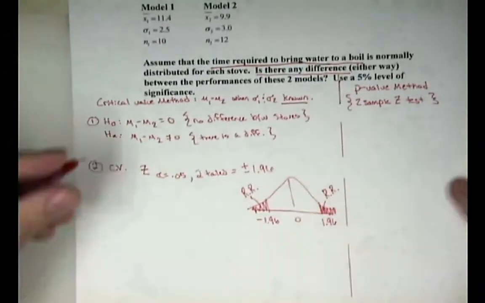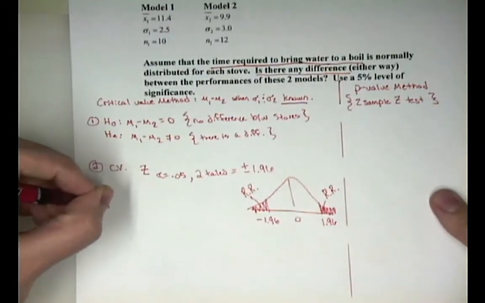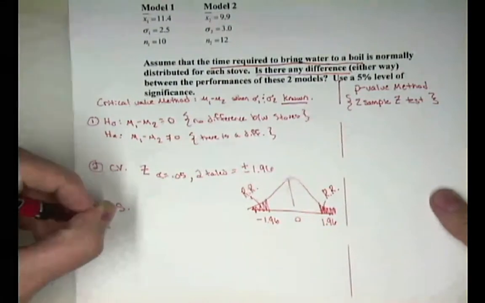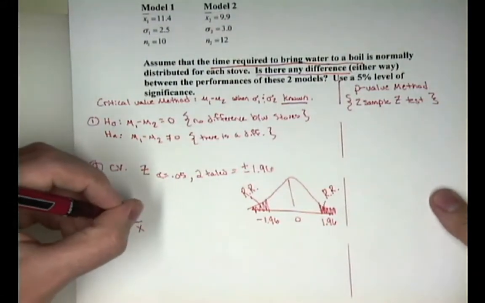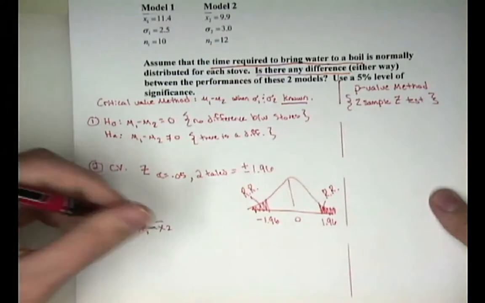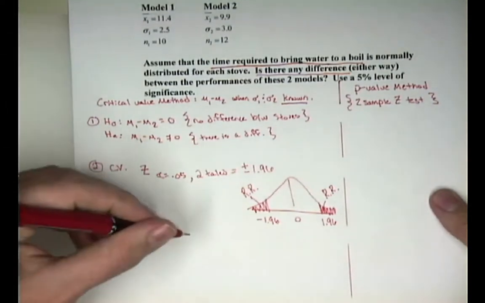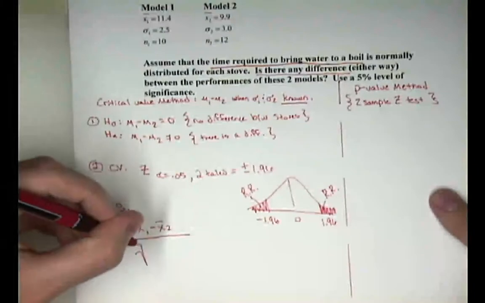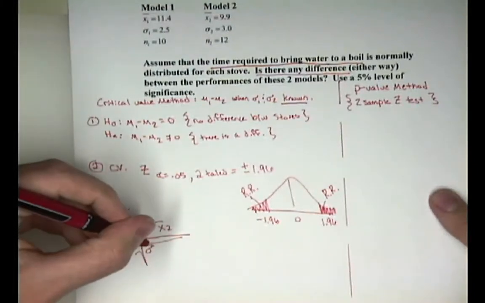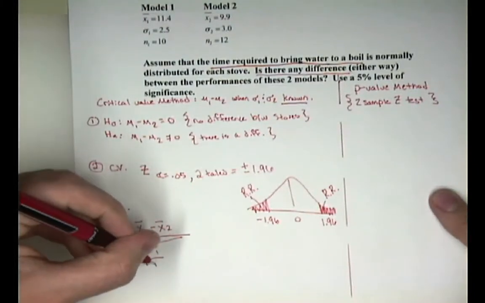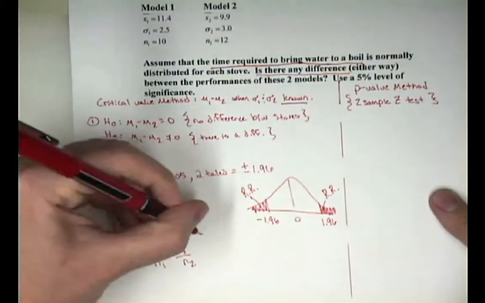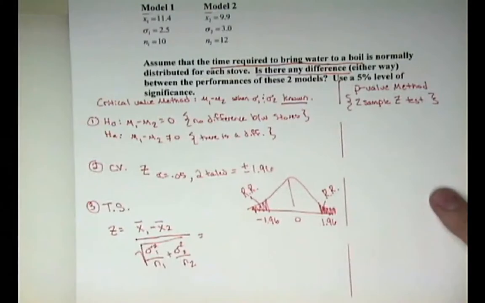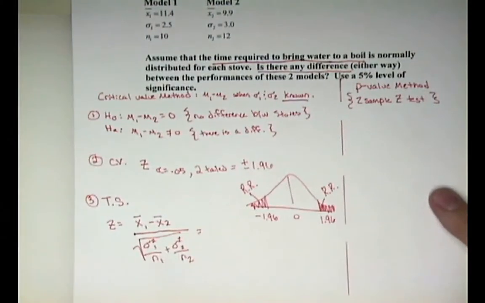The next step in critical value method is to calculate your test statistic, which for us is a z equals x bar 1 minus x bar 2 minus the difference of means, which is just 0, over the square root of sigma squared sub 1 over n1 plus sigma squared sub 2 over n2. That's the formula from page 102.